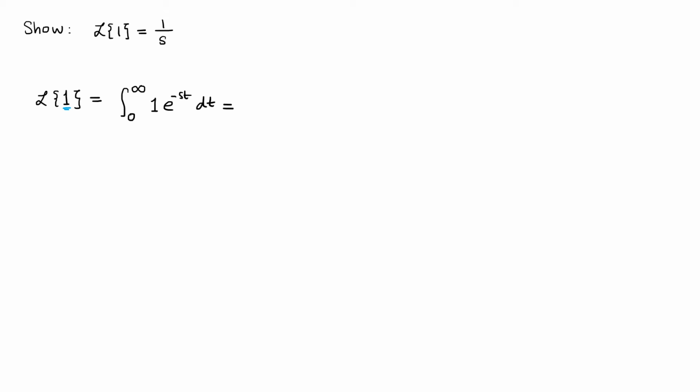So first off, this thing is improper, which means that the domain of integration is big, so we're going to use a limit. So we've got the integral from 0 to T of e to the negative st dt, and we'll let T go to infinity and see whether or not this converges.